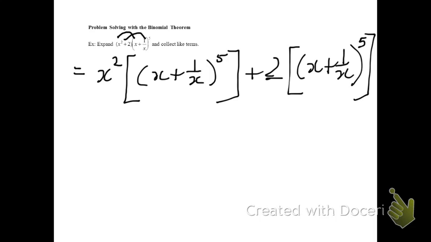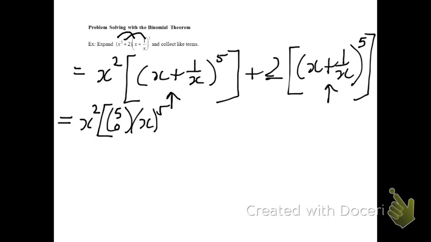But what we have is this binomial that needs to be expanded and this binomial that needs to be expanded. So we just take them one at a time. Okay, so same idea, 5 choose 0 times x to the power of 5 times 1 over x to the power of 0, and so on.